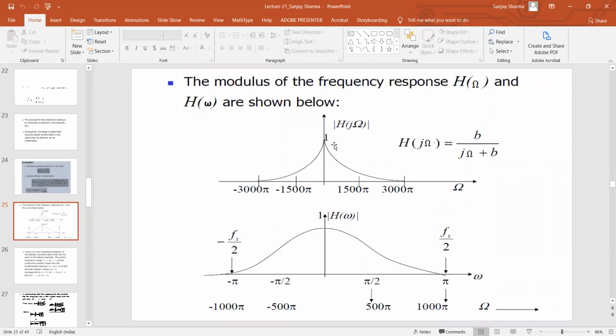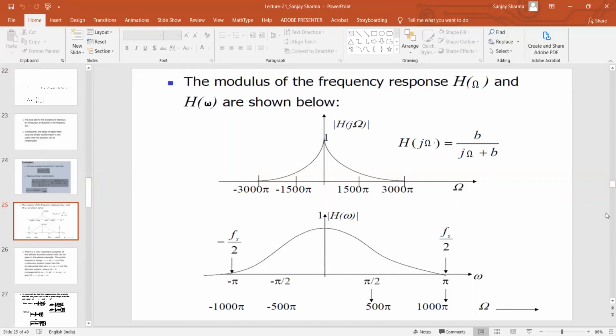The magnitude response is not the same as the magnitude response in the digital domain. There is a squeezing from the ends of the frequency, that means the higher frequencies will be squeezed inside, and because of this squeezing, there is a broadening at the center. So this is the distortion that I was talking about.